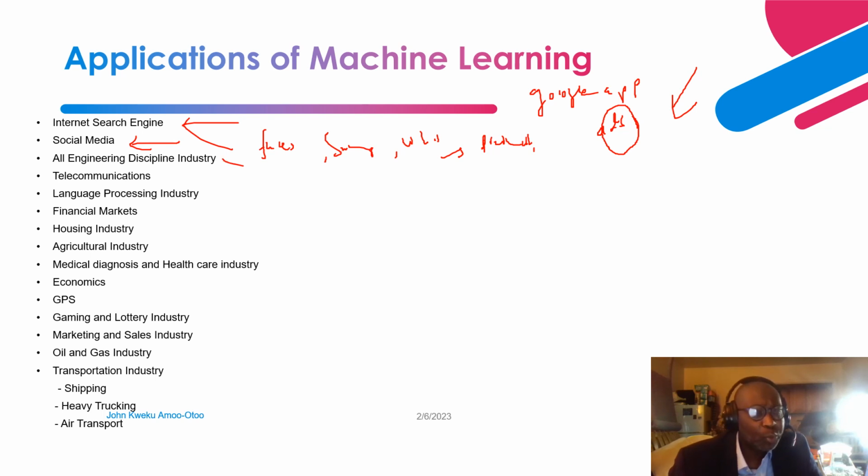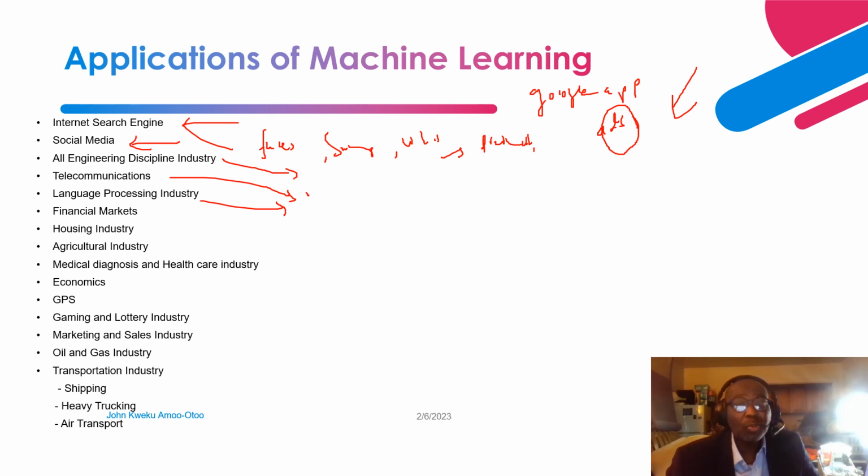It is applicable to all engineering disciplines, any industry in the world. Machine learning is basically the dominating algorithm technology, and it is going to evolve for the next decades. The telecommunication industry, language processing.